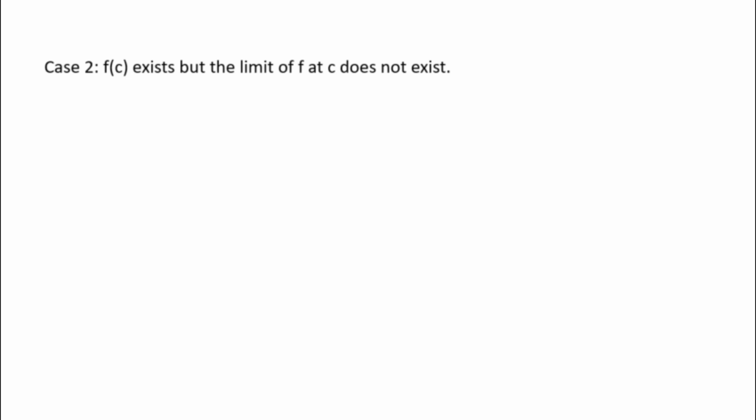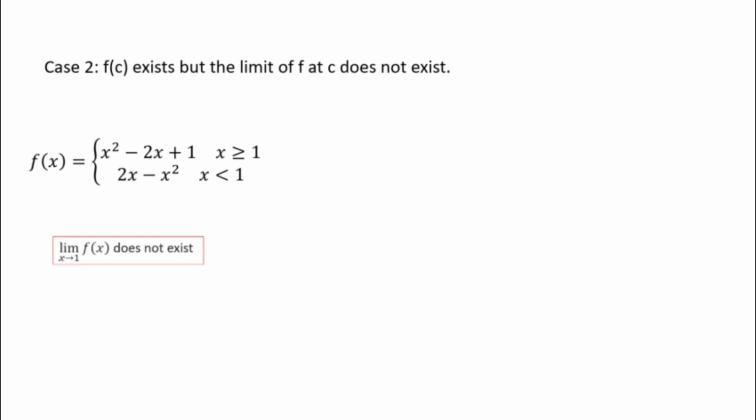Let us now discuss a function where f of c exists, but the limit of f at c does not exist. This is the function that we considered in the previous video, and we found that it has no limit at 1. This non-existence of a limit is apparent when we look at its graph.